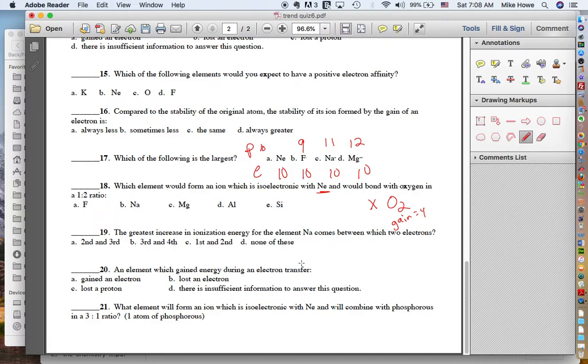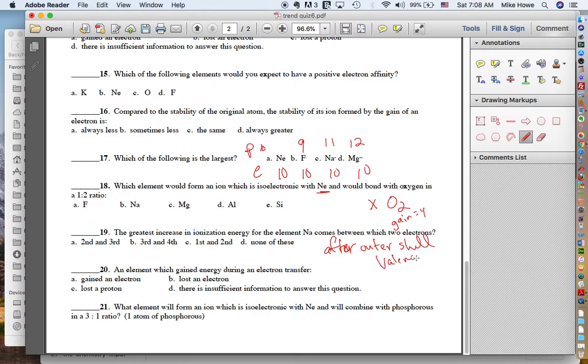So number 19. Let's see, we did that. So, oh no, we didn't. So sodium has in its outer shell how many electrons? And how many of those would come off easy? And after the outer shell is off, what's another word for outer shell?